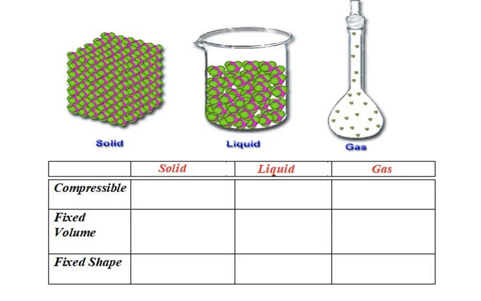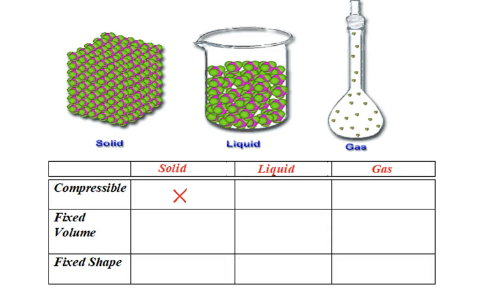If we're talking about which one is compressible, which one has a fixed volume, which one has a fixed shape. Compressible means will the particles be able to come nearer to each other. So in order to be compressible, the particles have to be originally far apart from each other.